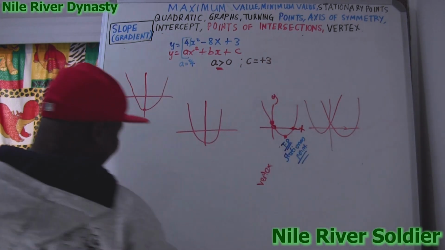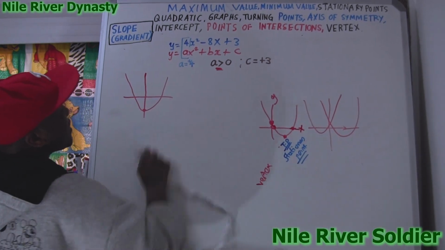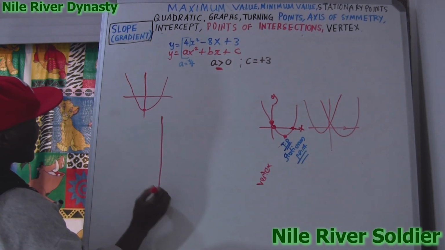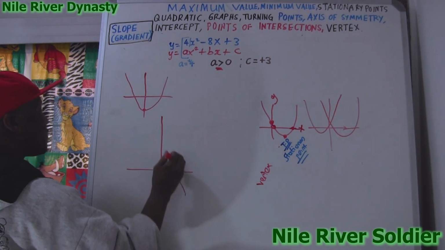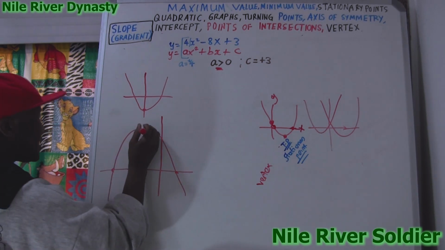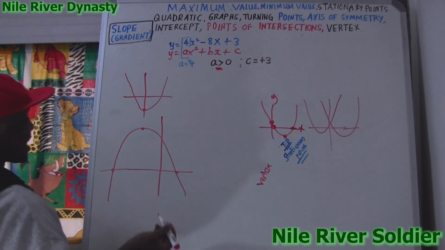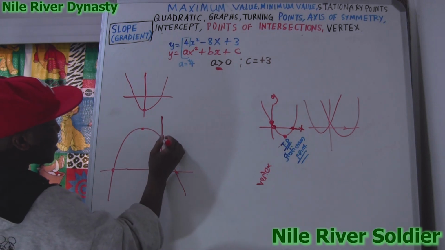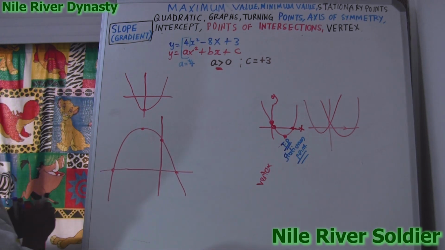So roughly, quick, let's go back again, just a minute, and then we go to the question. So now we need to find, if I have a graph like this, let's say concave downward, what do I need? The x-intercepts, and then the turning point, or sometimes called the vertex or stationary point. So these are very, very important.